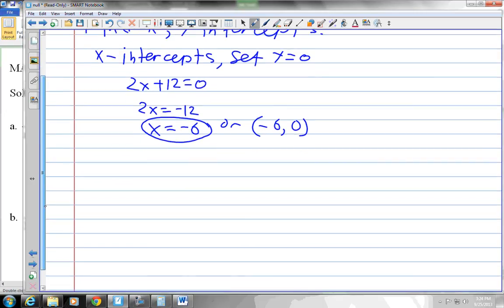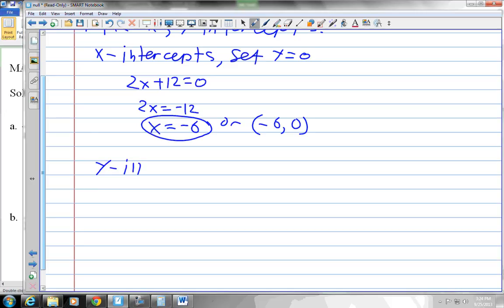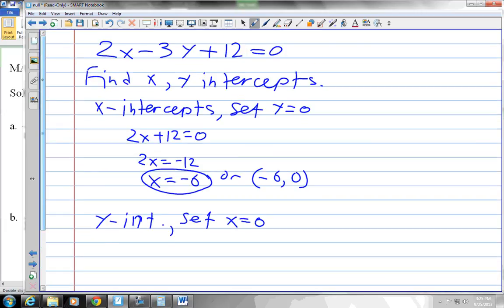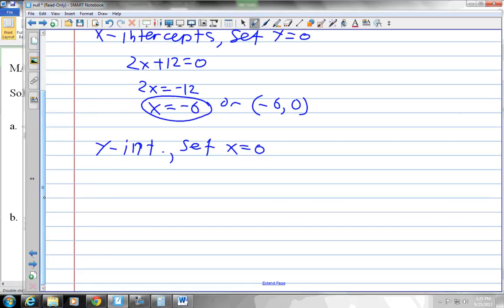Now the y-intercept, we will set x equal to 0. So it's the same story. Just cover everything that has x's, and you're left with negative 3y plus 12 equals 0. And then solve that for y.